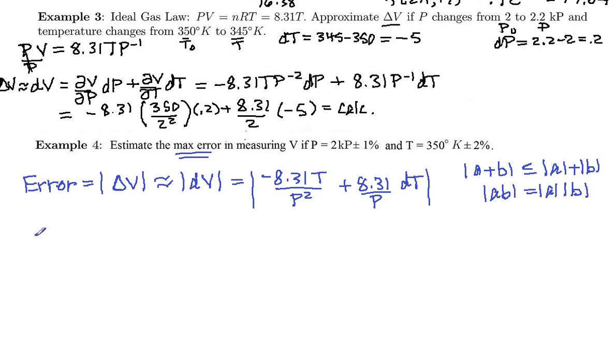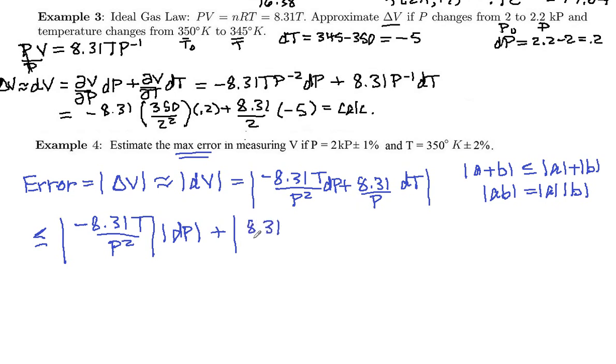So I'm going to say, well, this is less than or equal to absolute value of negative 8.31 T over P squared times absolute value of, whoops, I forgot a dP in here, absolute value of dP, plus absolute value of 8.31 over P, and then absolute value of dT.